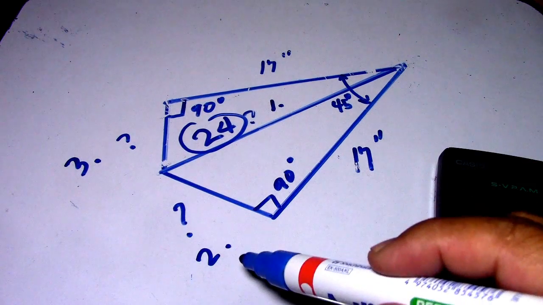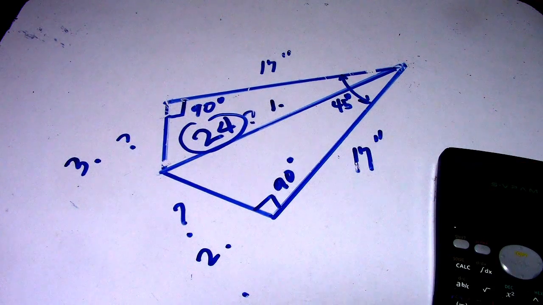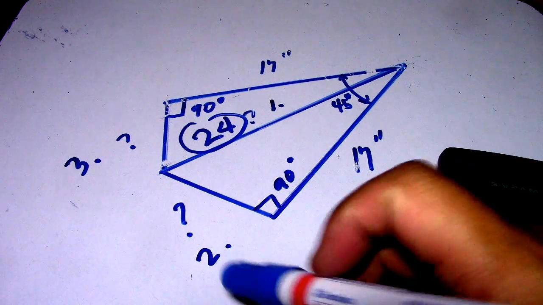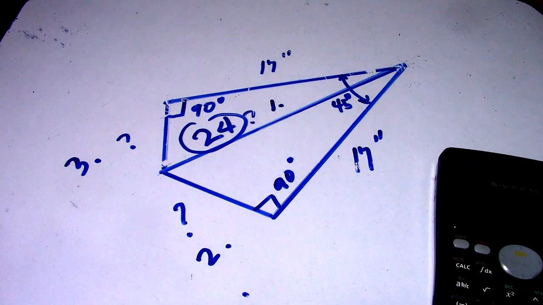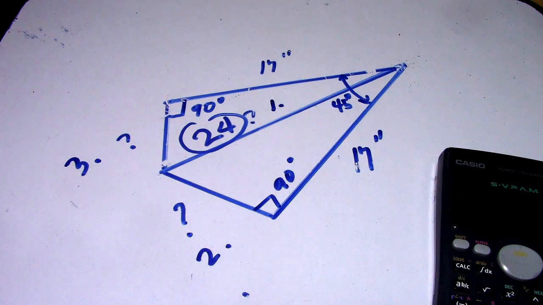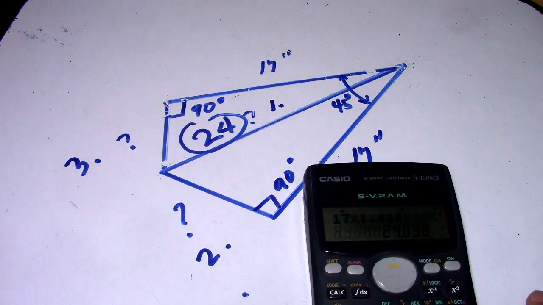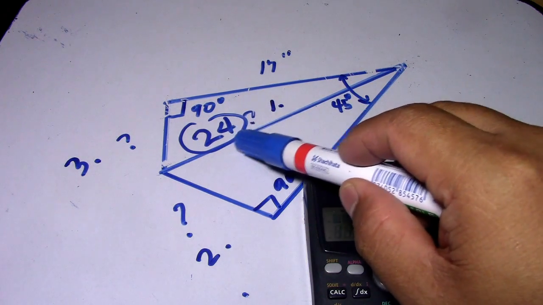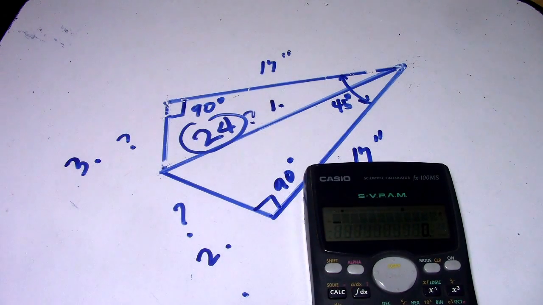Next is number 2. We have a formula to find the length of sides when the angle is known or given. To find number 2, the formula is set equals to travel multiplied by sine. Now we have an answer of 24 for this, so we will use this 24.